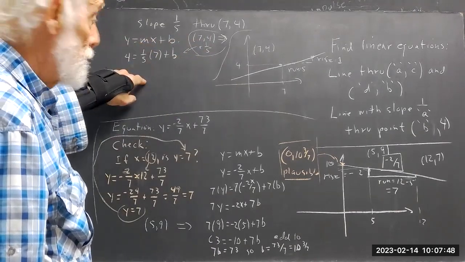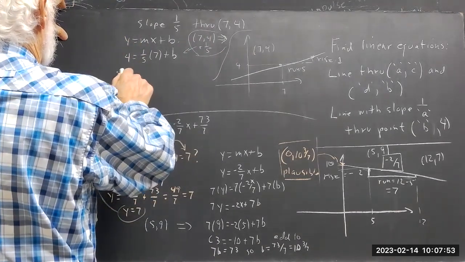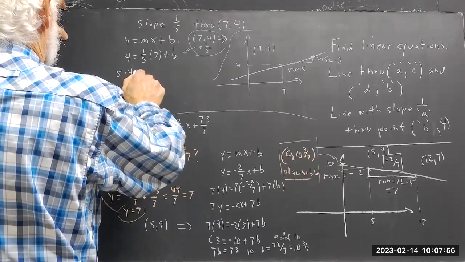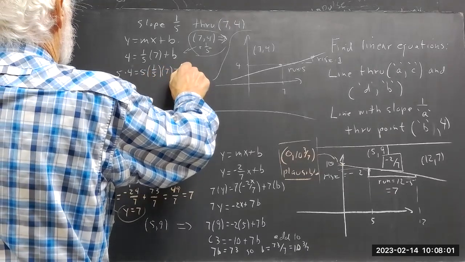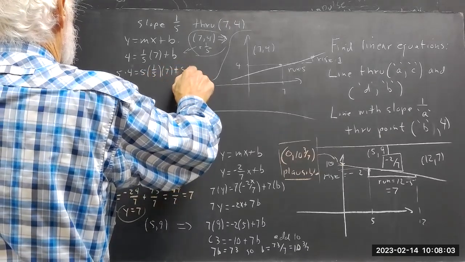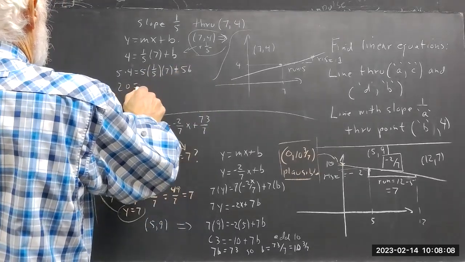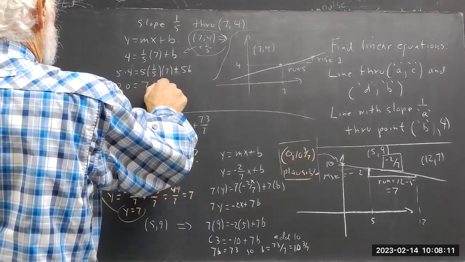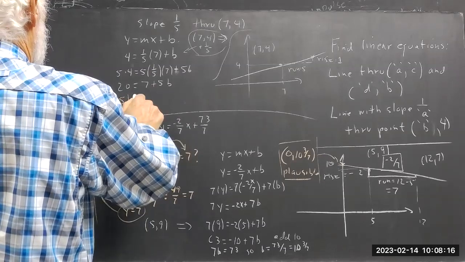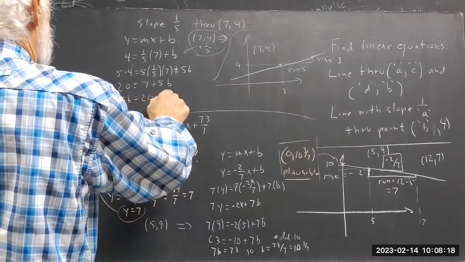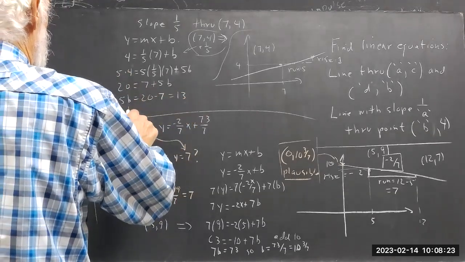Now I just have to solve for b. I multiply both sides by 5, which gives 20 equals 7 plus 5b. 5b equals 20 minus 7, which equals 13.